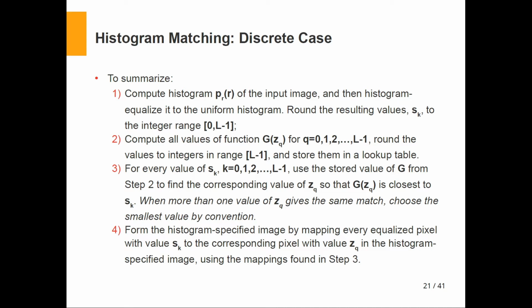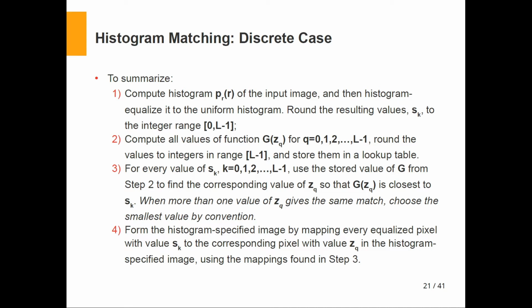The third step is a bit more involved in comparison to the third step in the continuous case. So the main difference is that we may have multiple correspondence. So for every value of sk, for k from 0 to L minus 1, we use the stored value of G from step 2 to find the corresponding value of zq, so that G of zq is closest to sk.